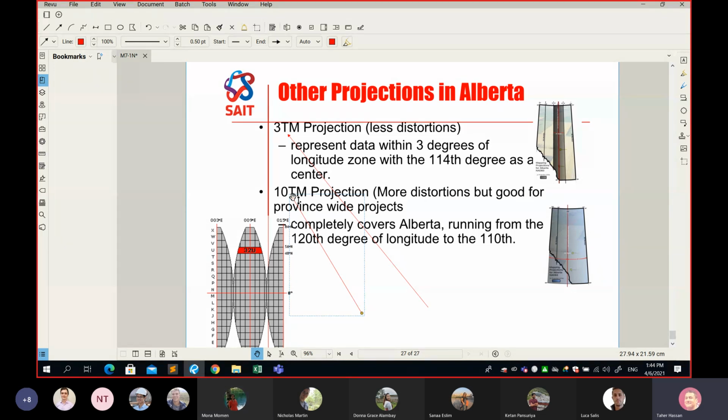UTM, because it's wider, it means more away from the central meridian, so UTM will have more distortion. As I wrote on my slide, 3TM will have less distortion because the zone is 3 degrees. So this makes sense, and ultimately we're looking for a minimum amount of distortion.